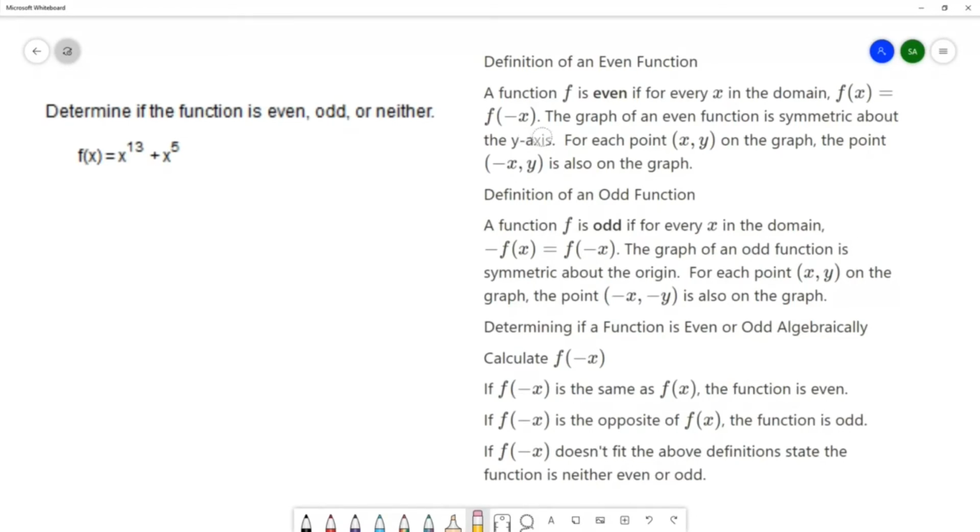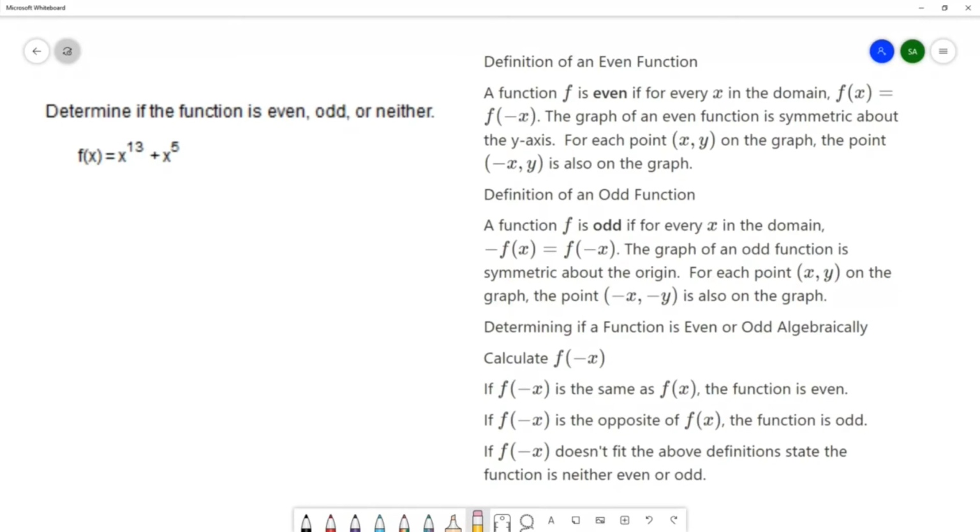Now that's not really that helpful in this example because we're not given a graph, we're given the equation. So if we had a graph, we would use the symmetry about the y-axis to decide if the function is even. But we need to use this definition here, f of x is equal to f of negative x.